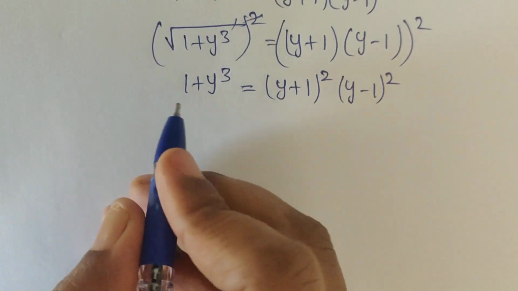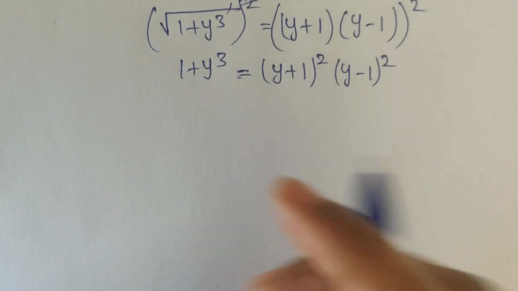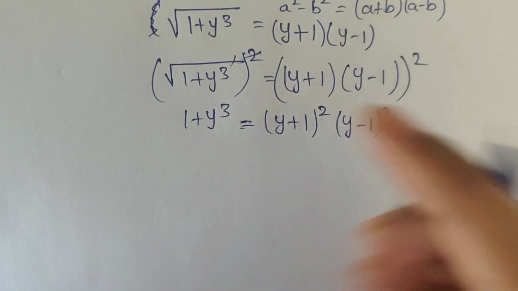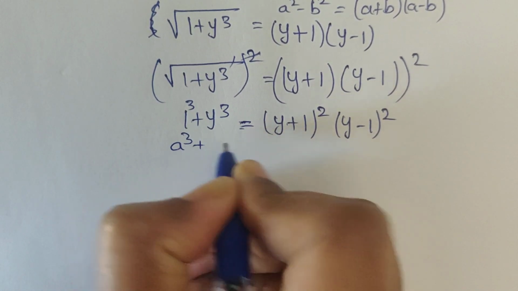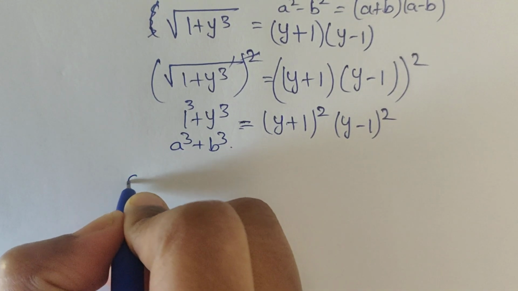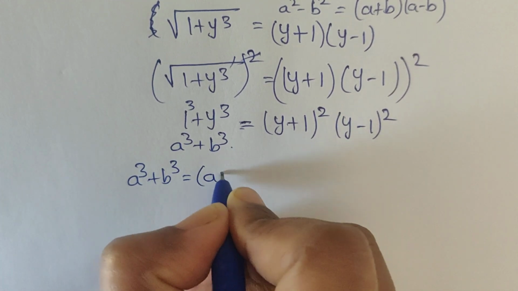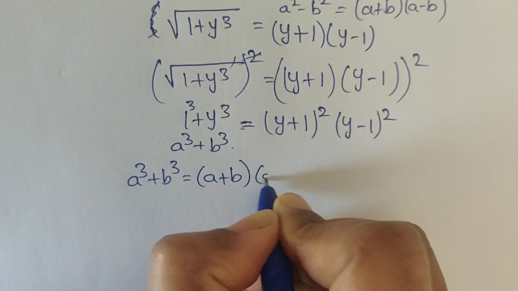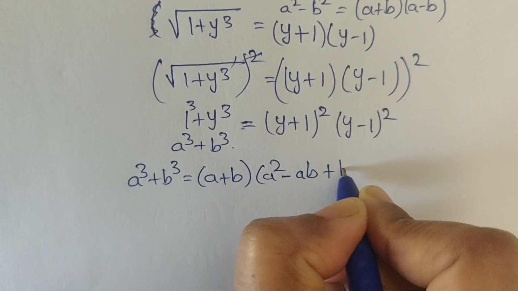So now, here, this is in the form of a cube plus b cube. We know this formula: a cube plus b cube is equal to a plus b times a square minus ab plus b square.